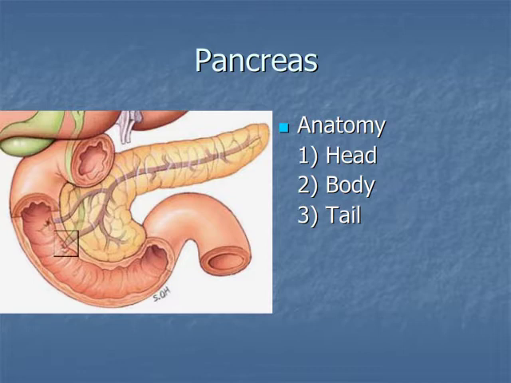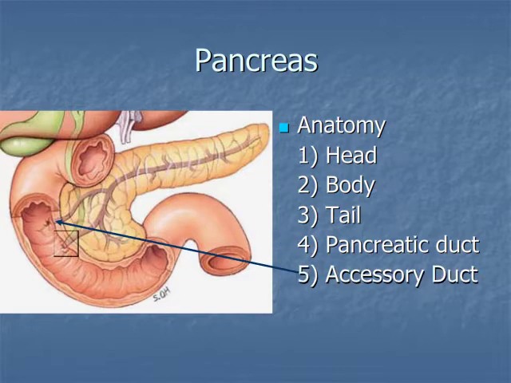So first, let's talk about the anatomy of the pancreas. The pancreas, of course, has a head which is located proximal to the duodenum or small intestine. The body is the long part of the pancreas, and finally the tail is the part that extends away from the duodenum. Within the pancreas, there's a large pancreatic duct, which is a conduit through which the digestive enzymes and bicarbonate ions can exit the pancreas and enter the duodenum.